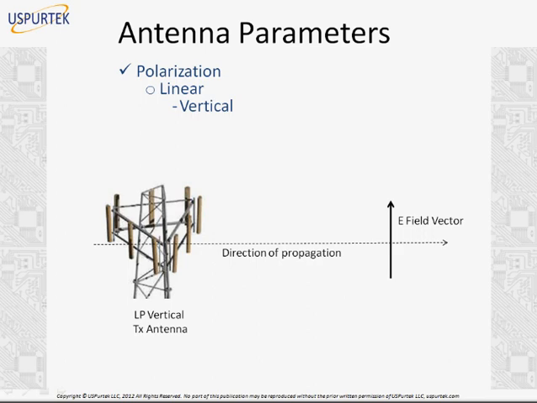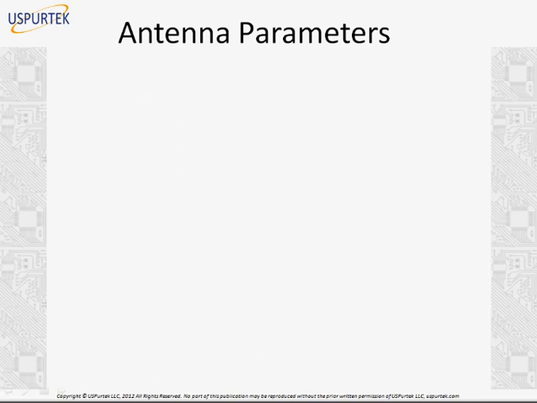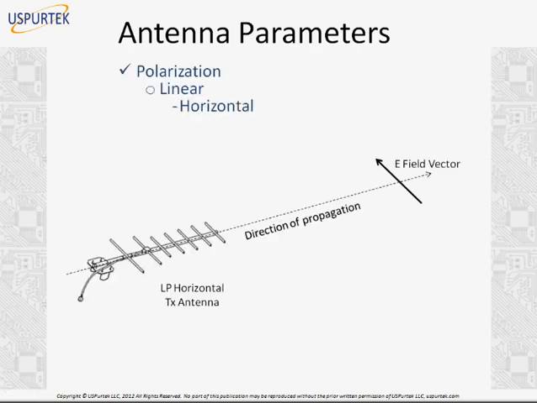So all the base station antennas and the handset antennas typically have vertical polarization. And then we could also have horizontal polarization, where you see the antenna used for TV reception or even for some VHF and UHF reception.